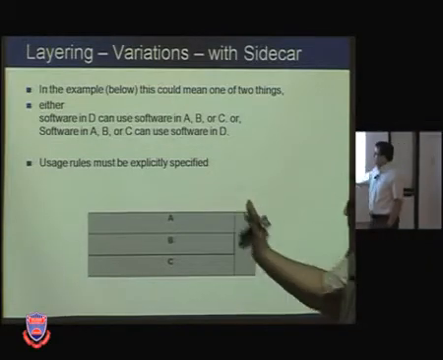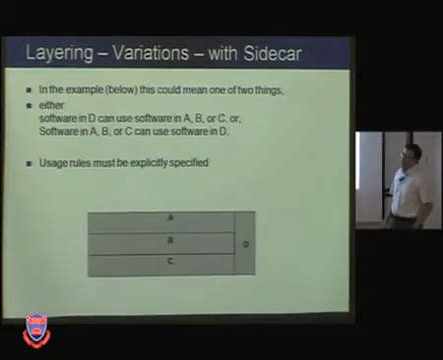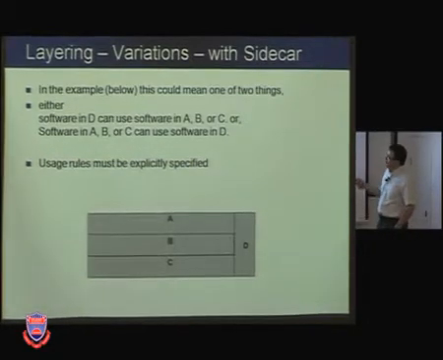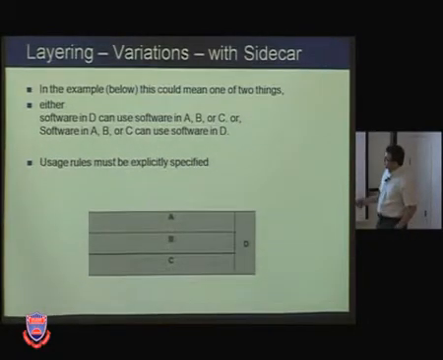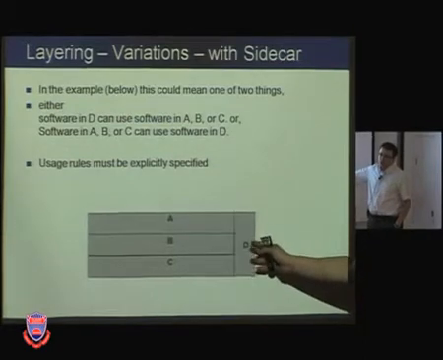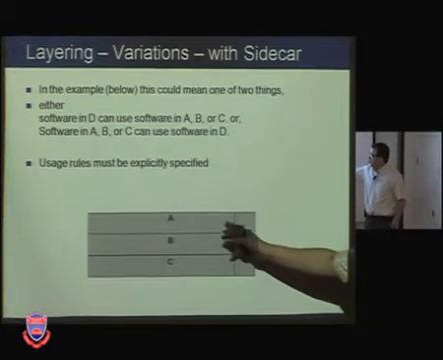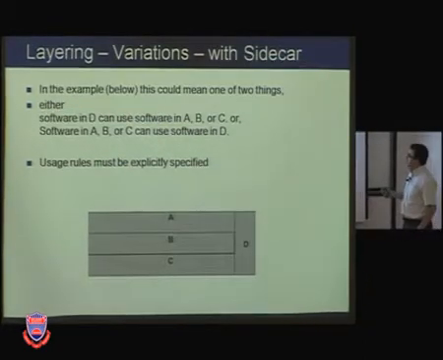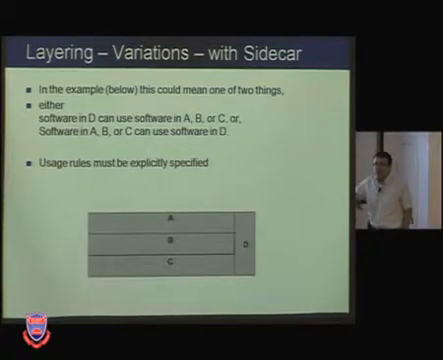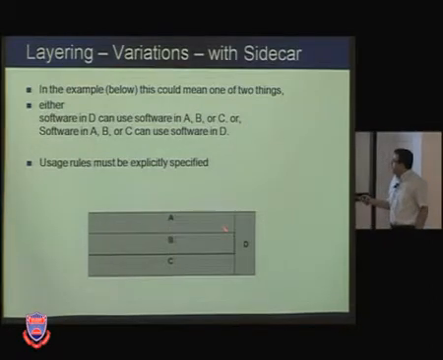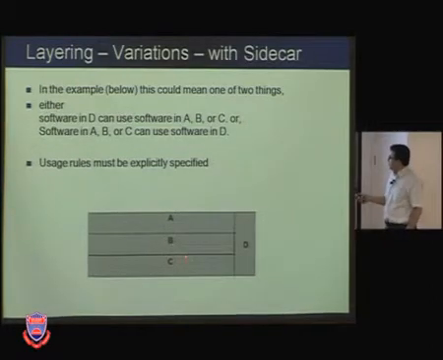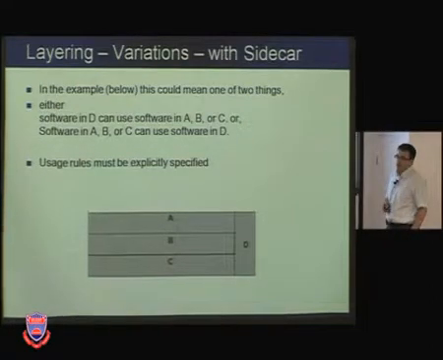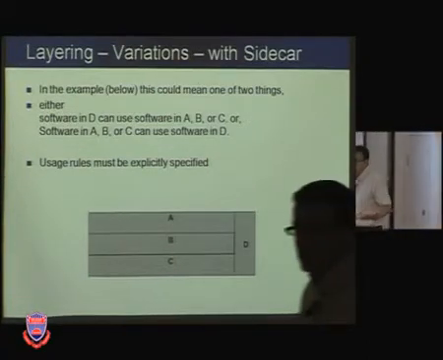So what does this mean? We have a D, which can mean one of two cases. Software modules in D can use software in A, B, or C, which means they are allowed to use software in A, B, or C, or software in A, B, or C can use software in D, or maybe both.